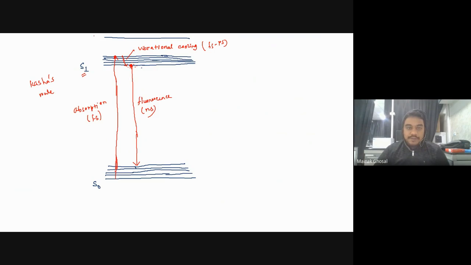So if I have excited this molecule to some state like S2, from S2 it will come here. With this I am drawing another level, which is also known as the triplet state.